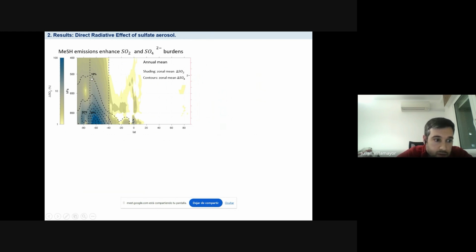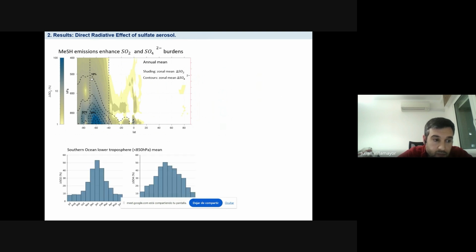Coherent with the strong seasonality of the methanethiol emission, the increase of both the SO2 and the sulfate aerosol also peak in summer, with up to 50% increase on average in the Southern Ocean lower troposphere.